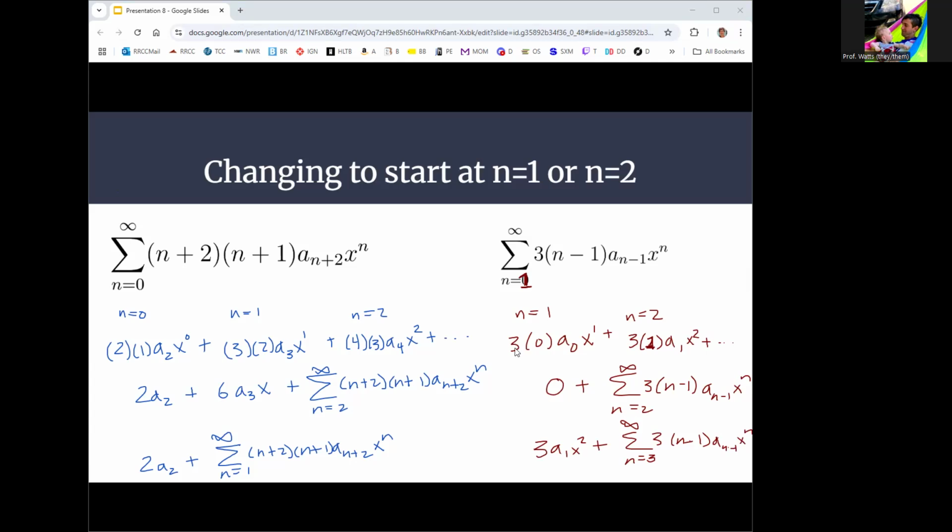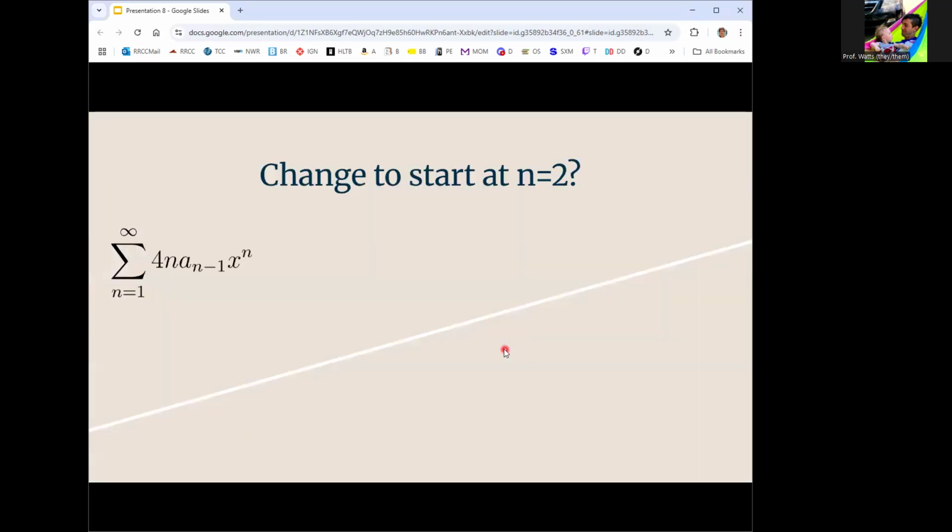All right, so last thing here is to try this out. This summation starts at 1. See if you can make it start at 2. So just start with n equals 1, and you get 4 times 1 times a0 x to the 1.